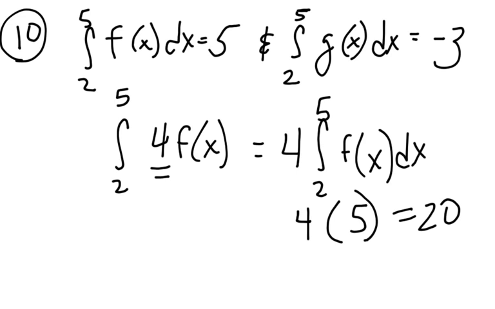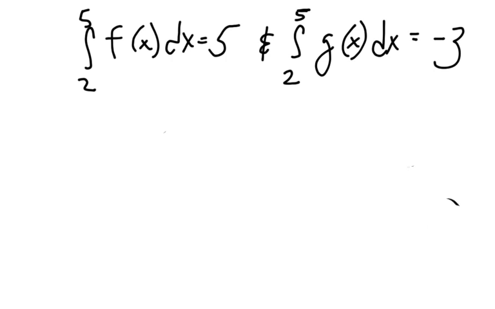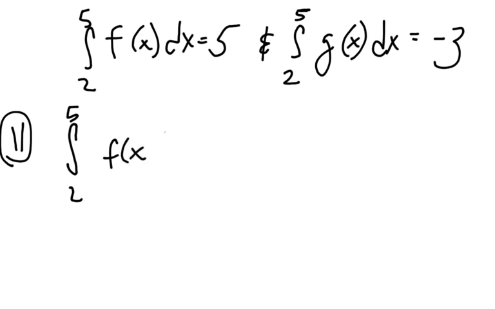Okay, now number 11 is going to use the same starting information. So I'm going to keep working right here. Number 11. The integral from 2 to 5 of f of x plus g of x dx.